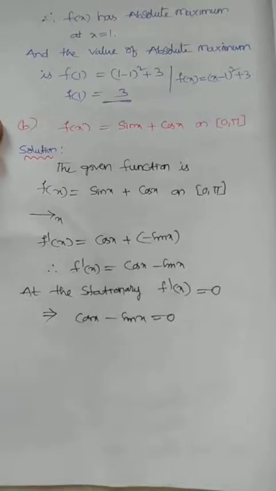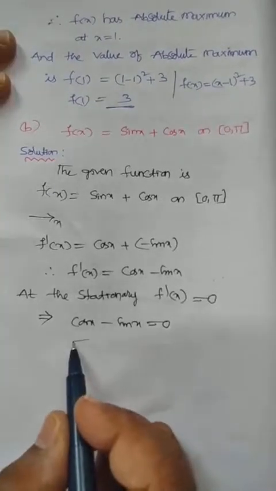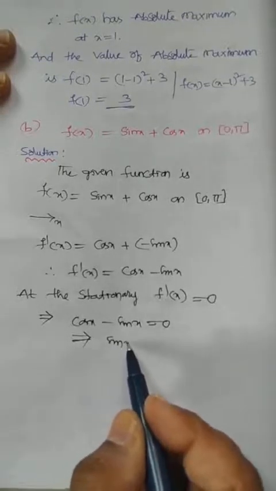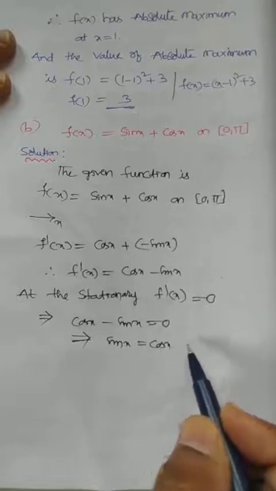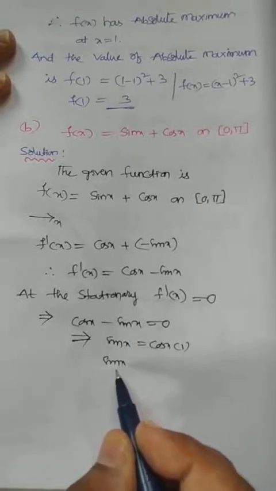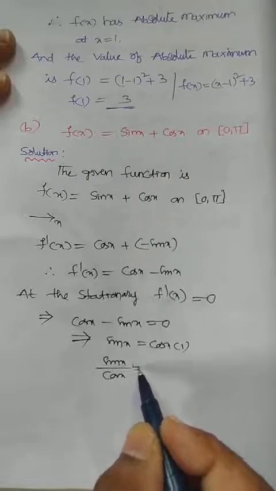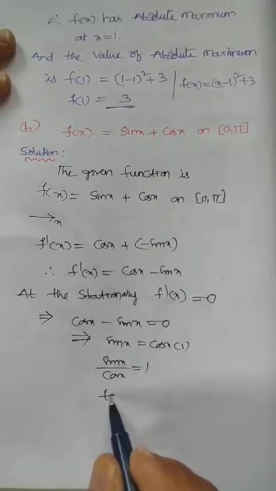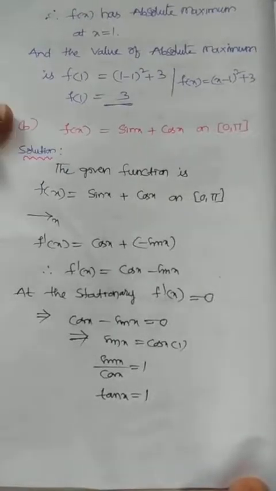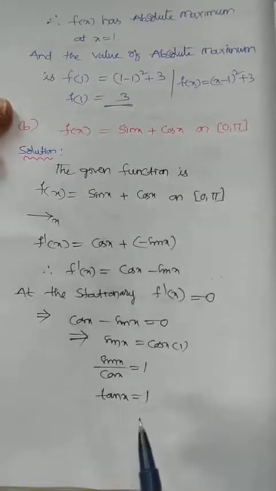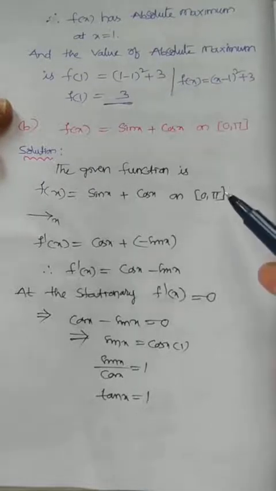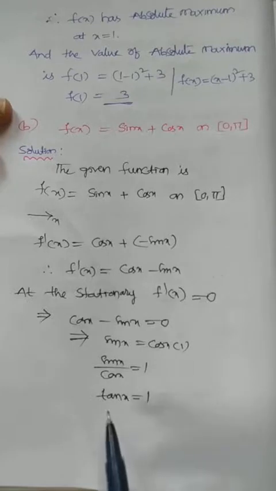It implies sin x is equal to cos x into 1, so sin x by cos x is equal to 1, which means tan x is equal to 1. So for which x values taken from the interval 0 to pi will satisfy this equation, we would check here.